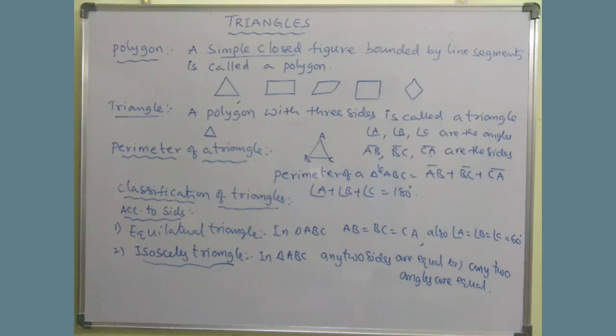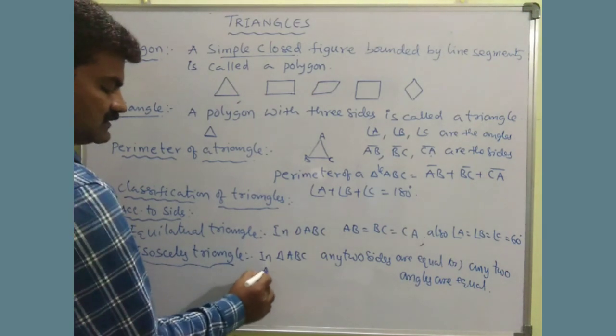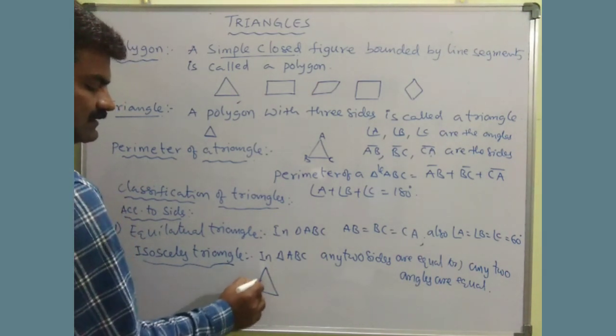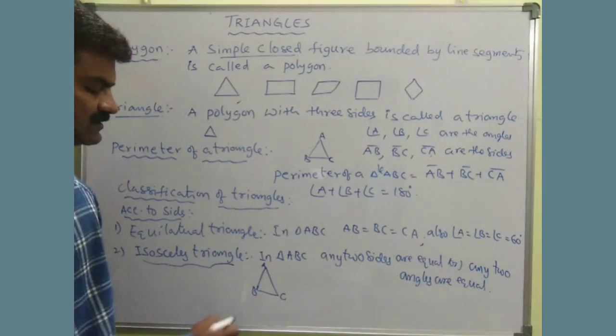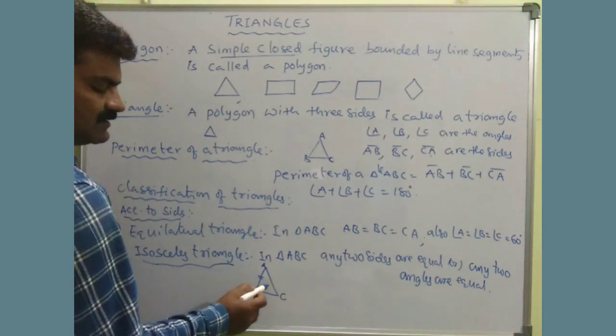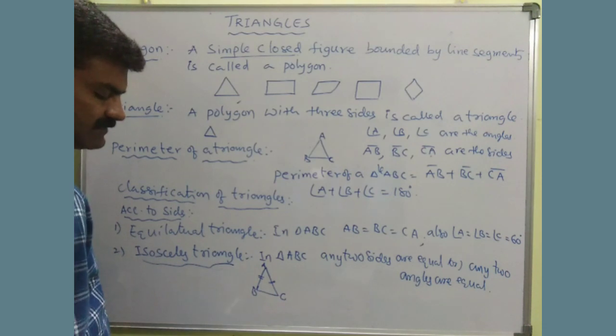And in an isosceles triangle, the unequal side is called the base of the triangle. For example, see, this is a triangle ABC. So here side AB is equal to AC.